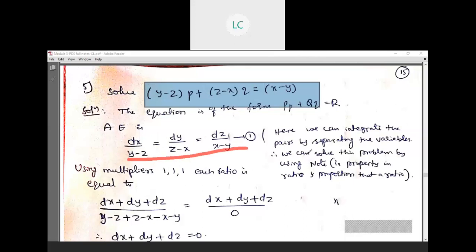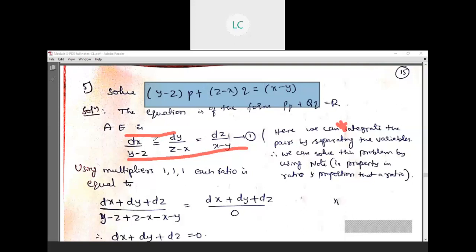Now observe here. Here we can't integrate the pairs by separating the variables. Please make one correction: this is can't, not can. Suppose I choose these two as a pair, dx by y minus z equal to dy by z minus x.